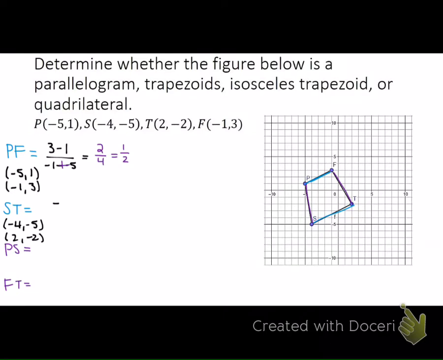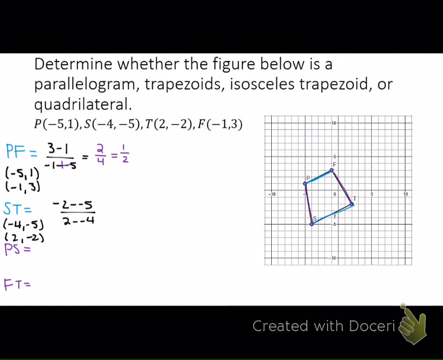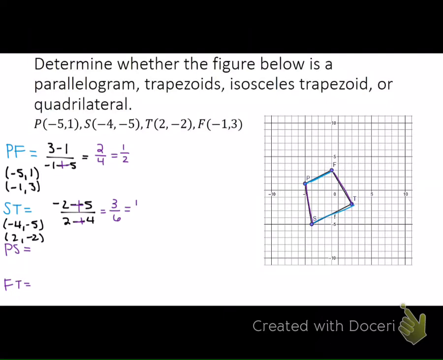So I have negative 2 minus a negative 5 over 2 minus a negative 4. So that's 3 over 6, which is also a half. So far we have one set of opposite sides parallel, right?